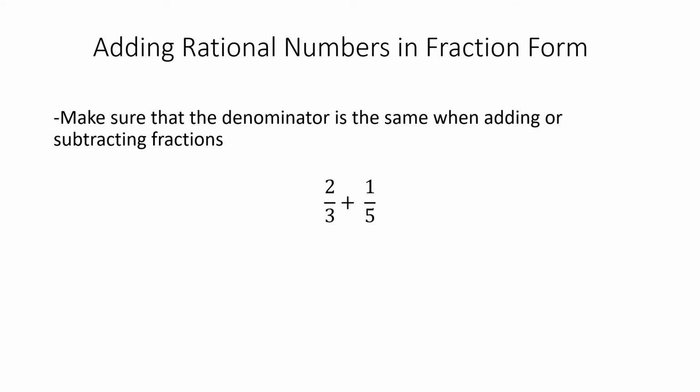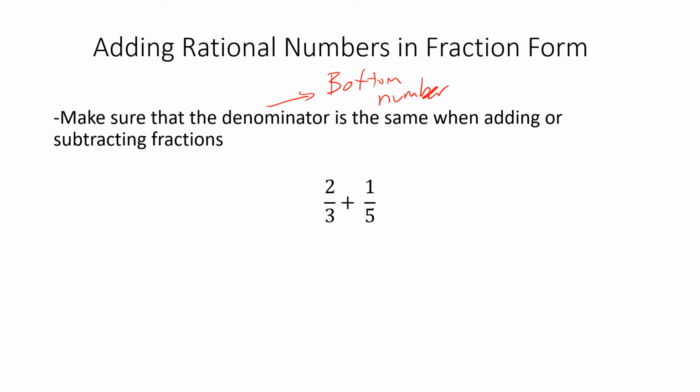So make sure that the denominator is the same when you add or subtract fractions. So here's our little example right here. We have 2/3 plus 1/5. Now, when you're adding these things, we need to make sure the denominator, and the denominator means the bottom number, is the same.